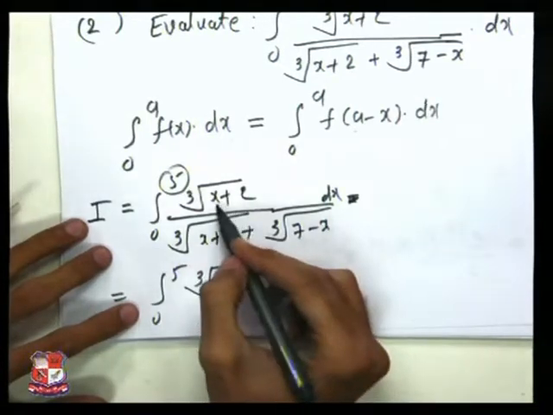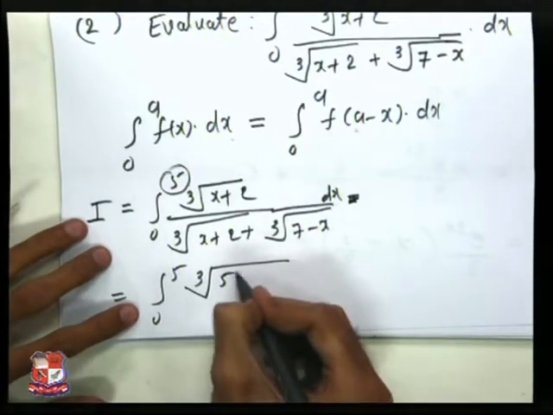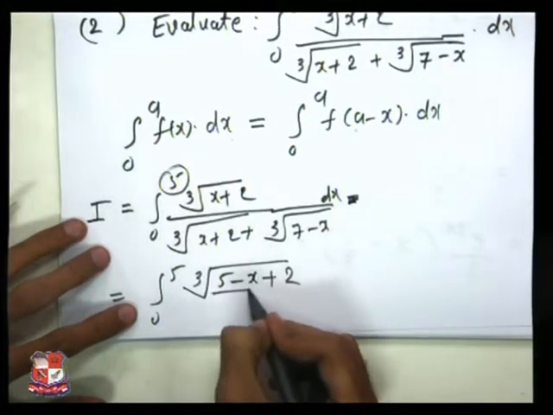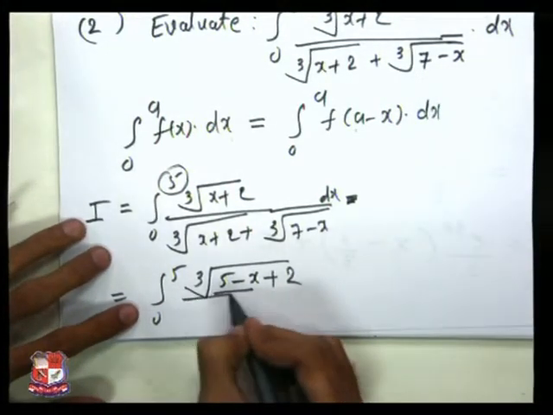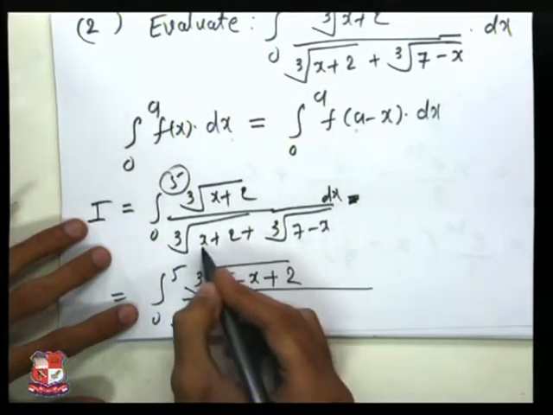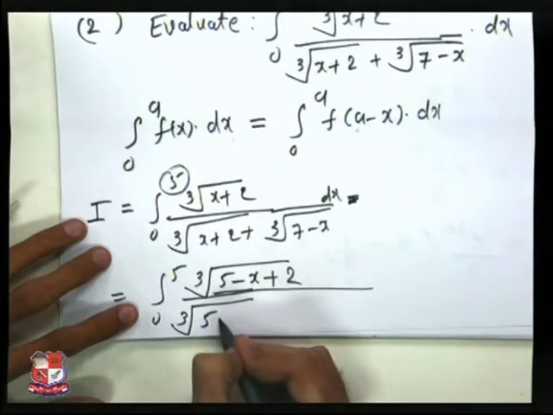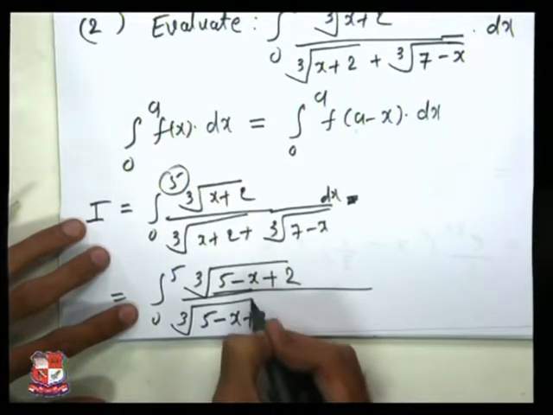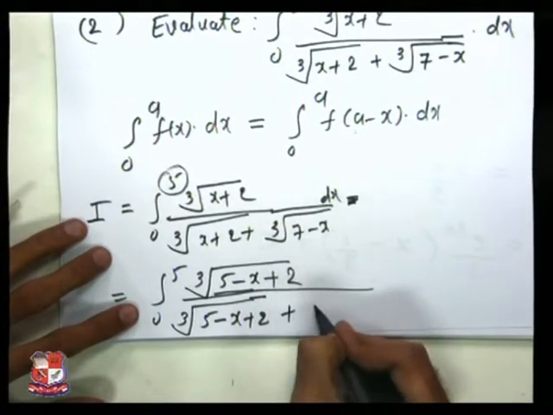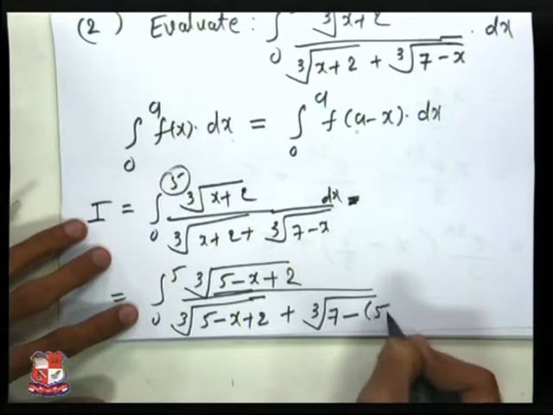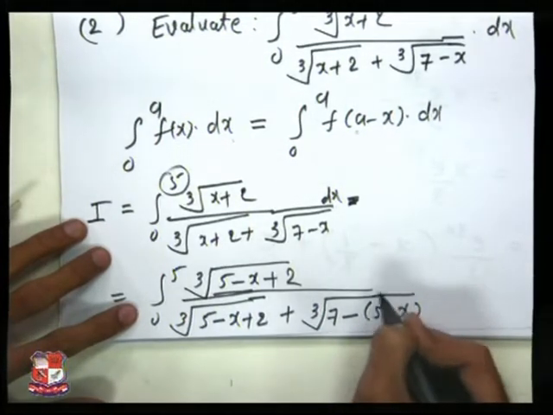So a minus x, that is 5 minus x plus 2, and upon cube root of here also a minus x, so 5 minus x plus 2, plus cube root of 7 minus 5 minus x.